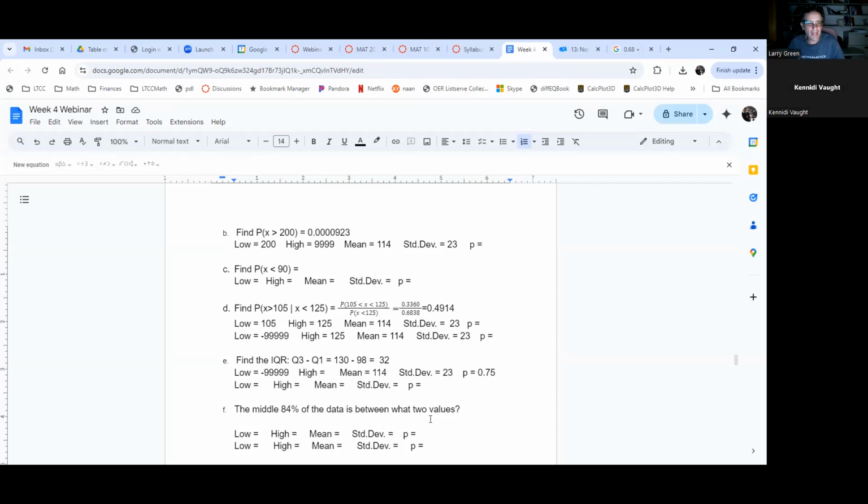So we do what we did before with a standard normal distribution: if you know the middle, then you can find out how much is on the left and how much is on the right on each side.